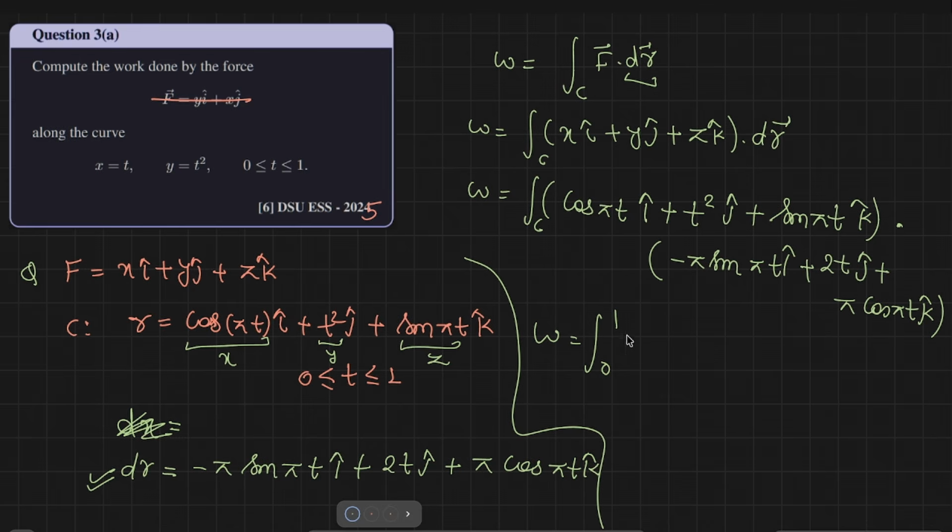So the remaining term will be 2t square times t, so 2t cube dt. When you solve this integral, you will get 1 by 2 as the answer. When you multiply this and this, these both will get cancelled. You will have j cap and j cap, and 2t cube will be there. So the work done is 1 by 2.